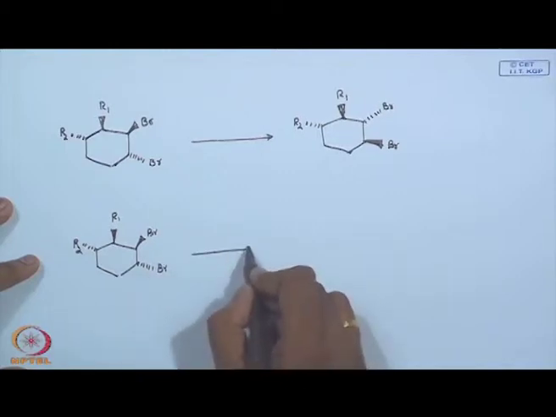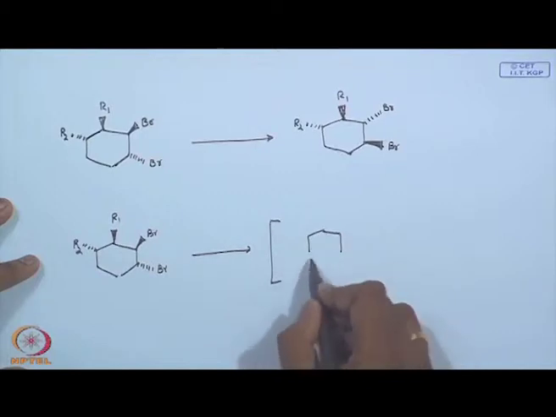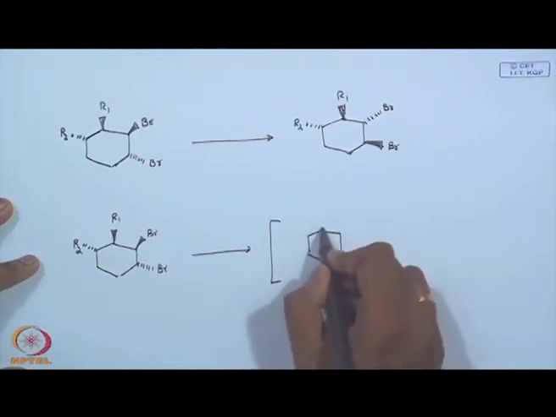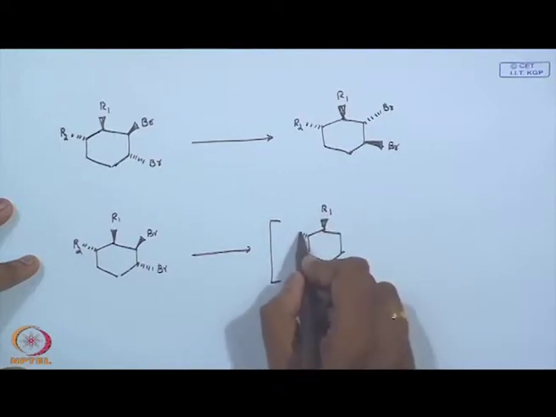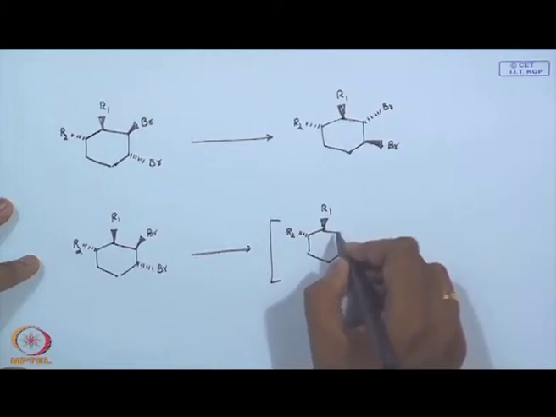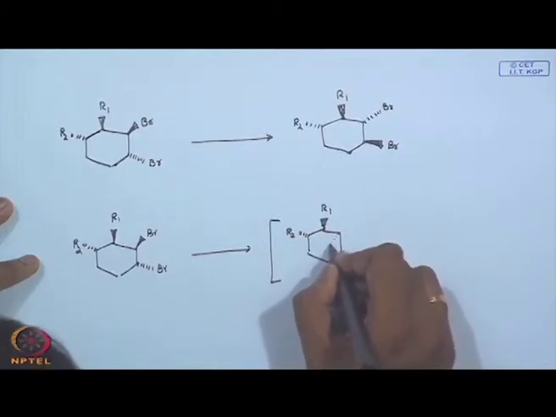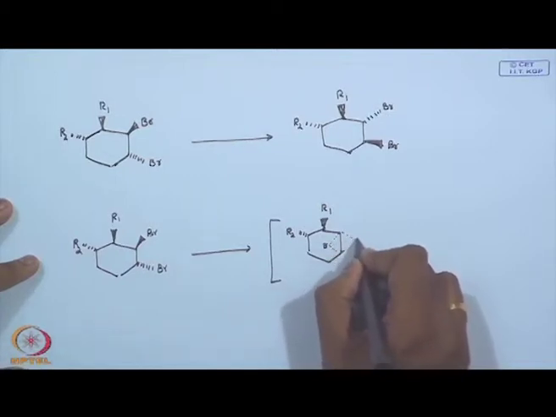You get a transition state that I can write like this, with the two bromines.